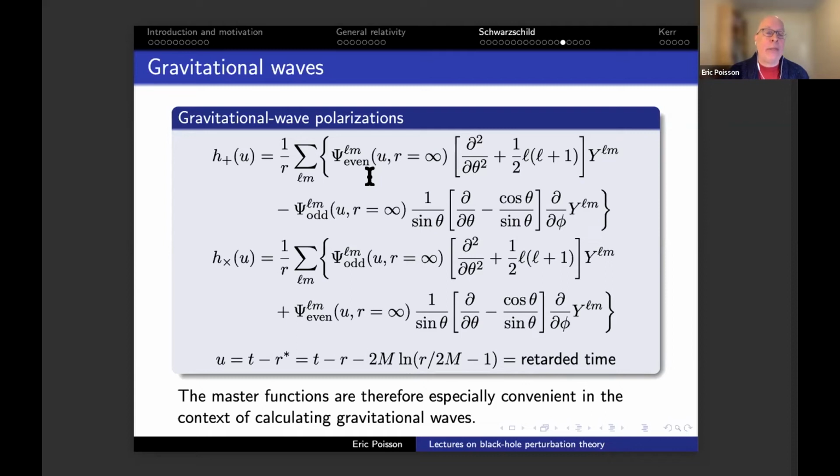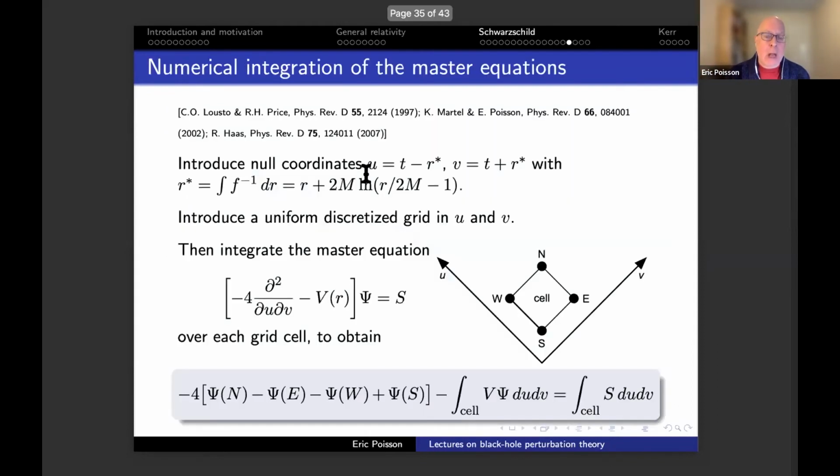I prefer to deal with the metric variables themselves. In my context, I don't see much benefit in dealing with master variables. But the point is that while they can be very powerful, they can be very useful, it really depends on the context. Okay, I'll skip over this very quickly.